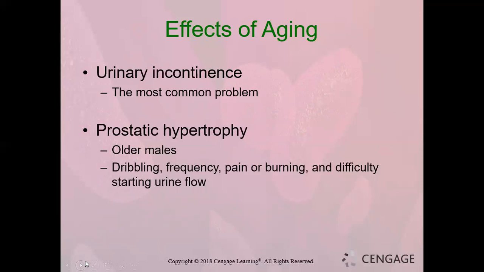And when it shrinks, it can cause some problems with them getting their urinary flow going, or when they have an enlarged prostate, they will have problems with getting their urine started. They might have pain. They might not get all of their urine out. So just remember that prostate problems in older men and urinary incontinence is a common problem in older women.